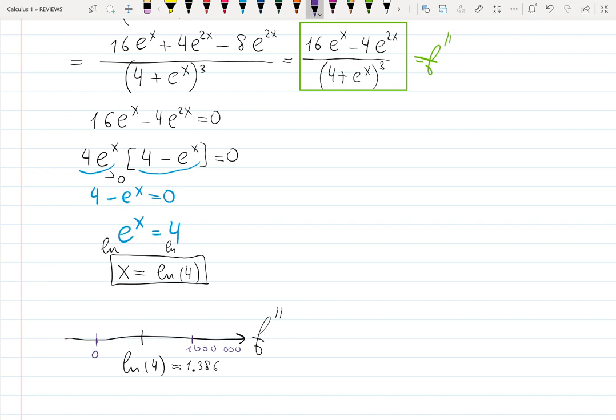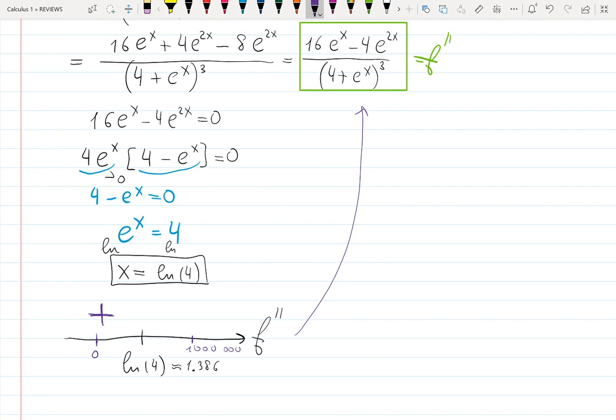So when I plug 0 into this green box, which is my second derivative, e to the 0 is 1 and e to the 2x at 0 is 1. So we're going to have 16 minus 4 all over 5 cubed. That's positive.